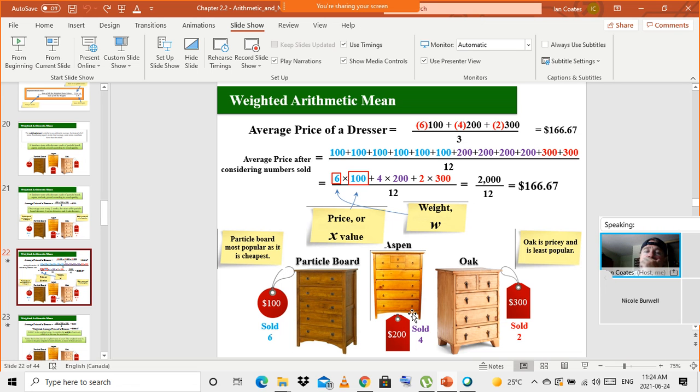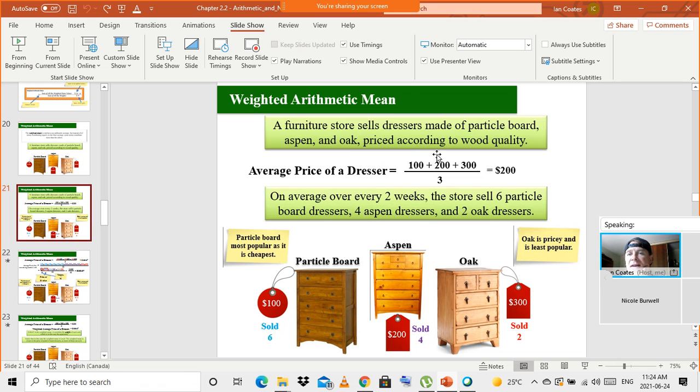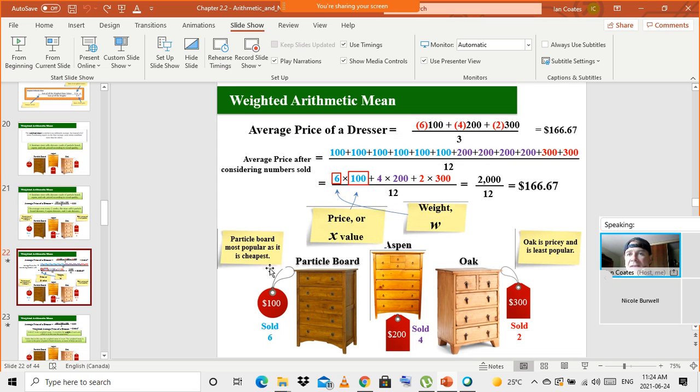Well, you take all those numbers, and you'll see here that from what we calculated here, this wrong mean, okay, and basically all you're doing is you're throwing the parameters in here. So how many of the particle boards did you sell? 6 of them. How many aspens did you sell? 4 of them. How many oaks did you sell? Okay, 2 of them.